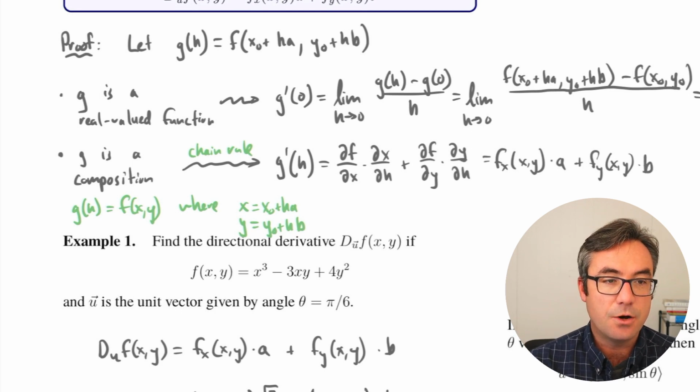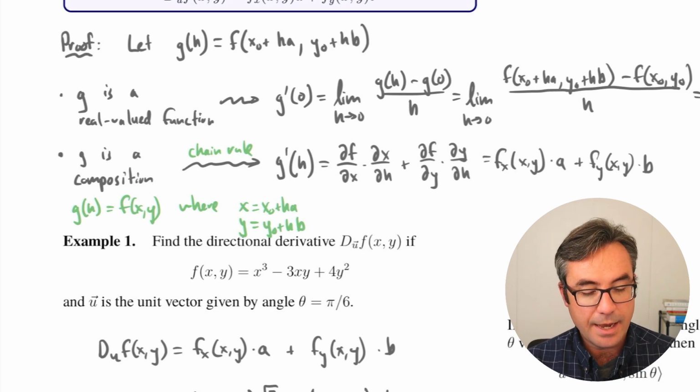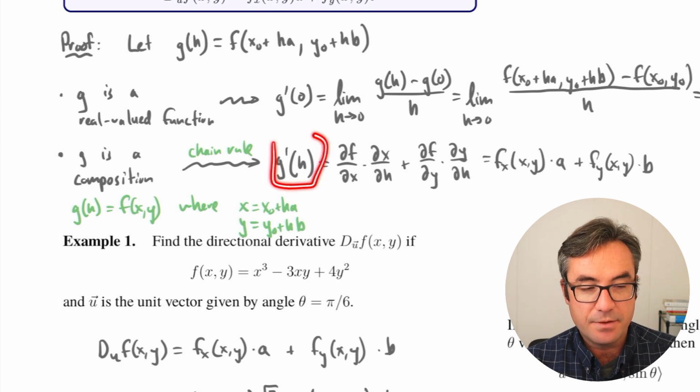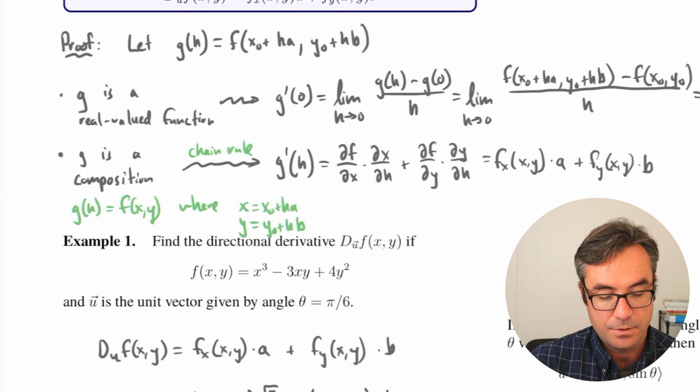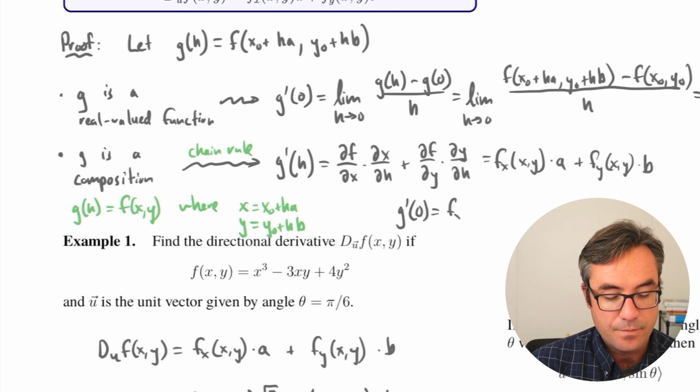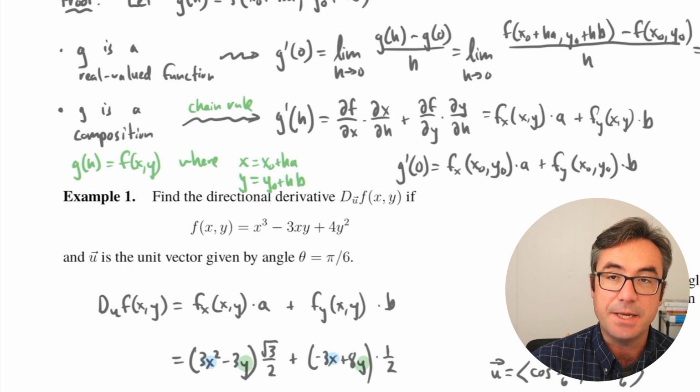And so what we've shown is that when we look specifically at g prime of 0, we have f partial x evaluated at our specific point times a, plus f partial y evaluated at our specific point times b.